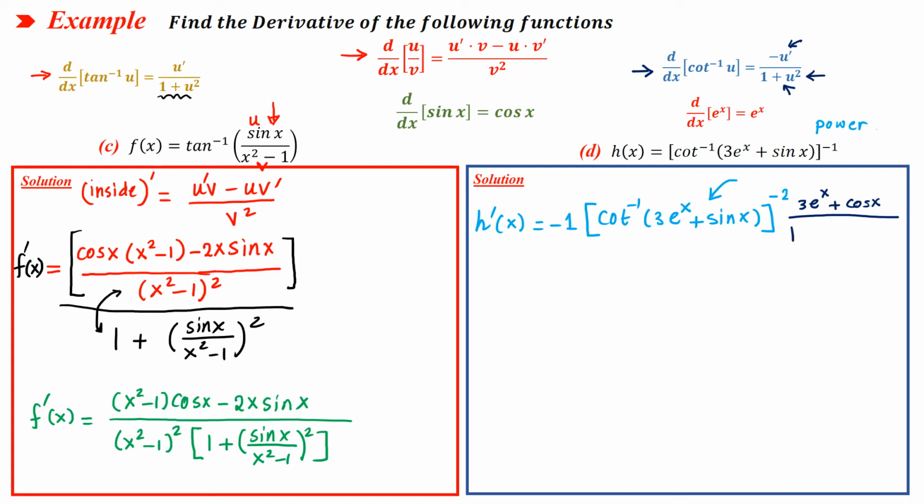So 1 plus the function, which is 3e to the x plus sine x, all squared. Now pay attention, here we have a negative sign, so you have to put minus the derivative of the function.